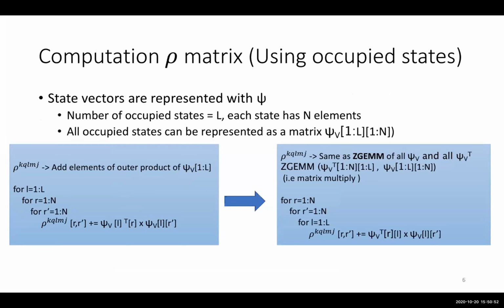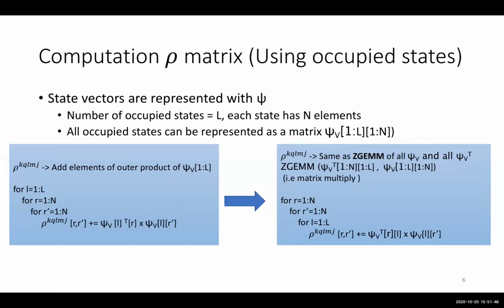The rho matrix itself is computed by adding the elements of the outer product of the occupied states. This is what we can see on the left side. We have an outer loop consisting of all the occupied states, which is represented by L, and the rho matrix is computed by the summation of the outer product of each of the occupied state vectors.